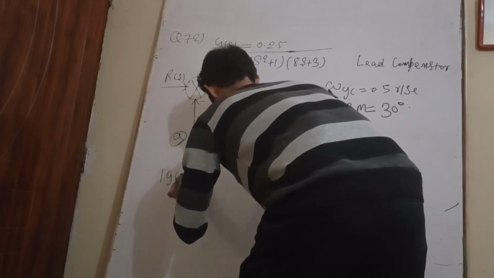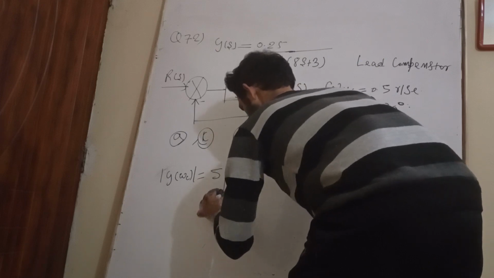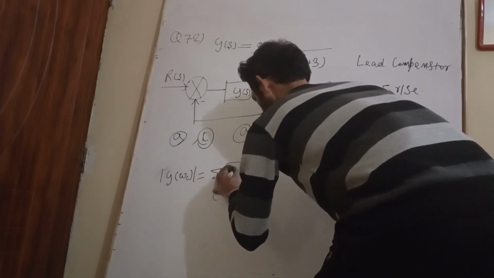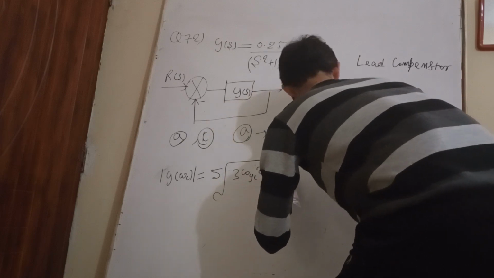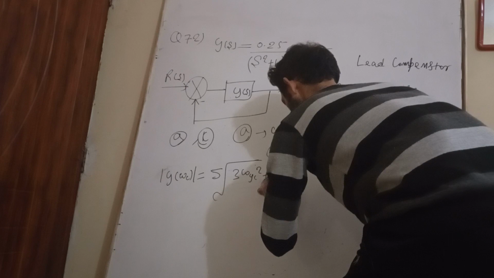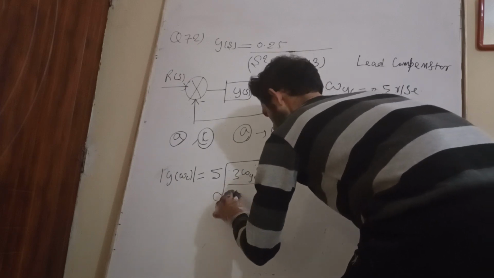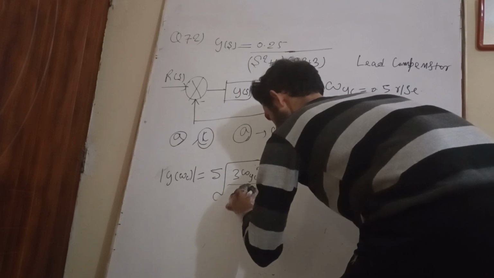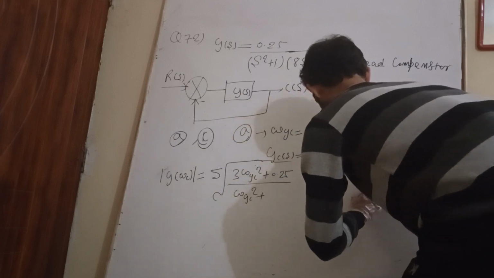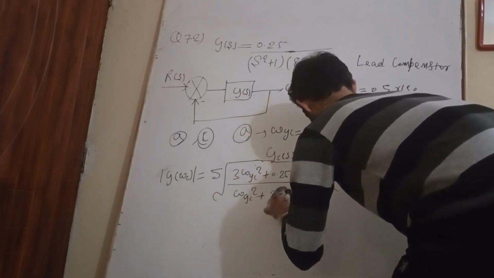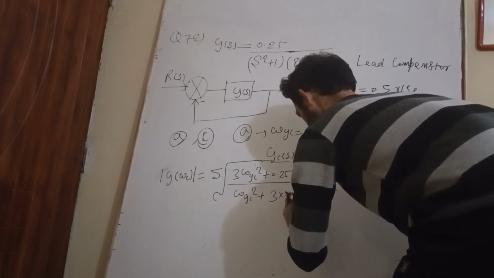So it is 5 times the square root of (3 omega gc square plus 0.25), divided by (omega gc square plus 3 into 0.5, which is 3 divided by 4).